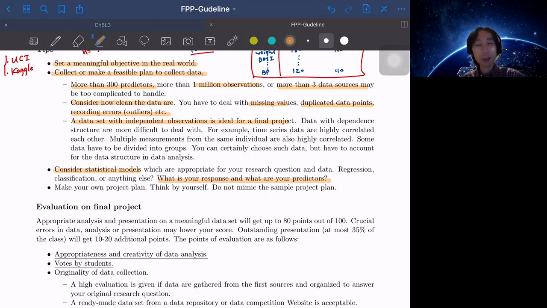If regression, what kind of models do you want to use? Maybe you do polynomial regression. Would you include the cross terms, or maybe higher order terms, or do you use lasso? Those are ideas you have to consider.